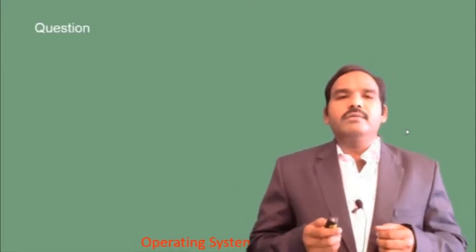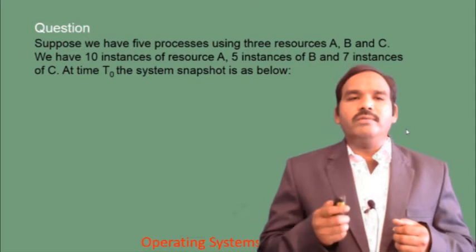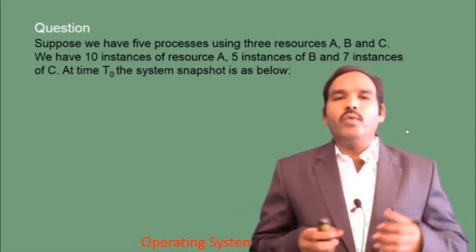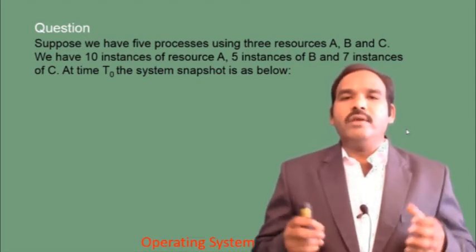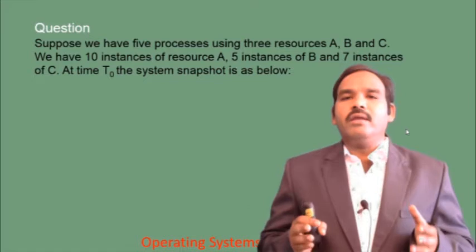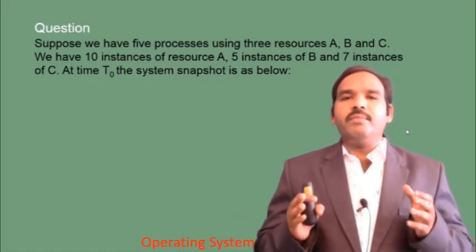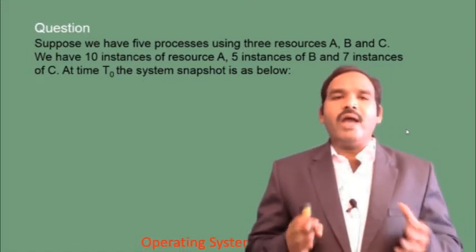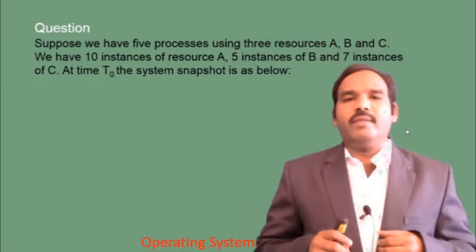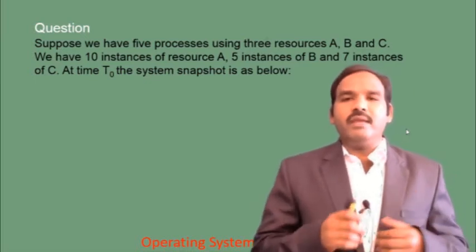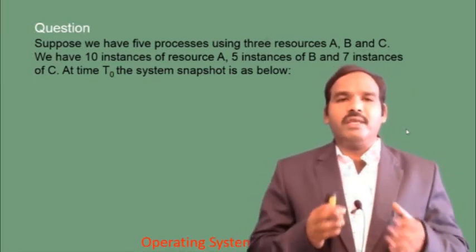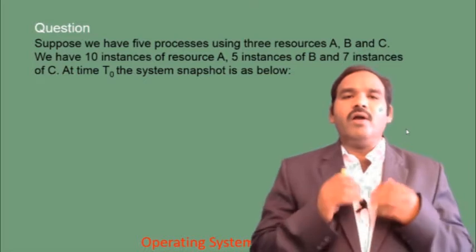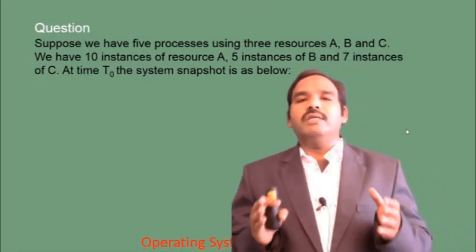Let us see a question here. Suppose we have 5 processes using 3 resources A, B and C. We have 10 instances of A, 5 instances of B and 7 instances of C. At time t0, the system snapshot is as below.